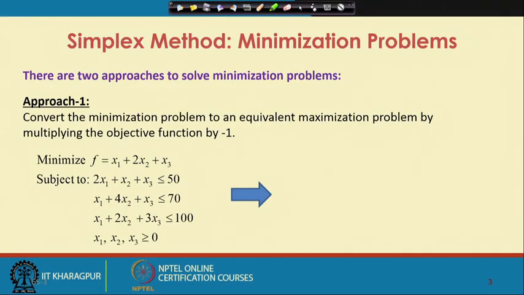So, the first question we ask is, how do we solve a minimization problem? We have seen two important rules. One is inner product rule, which helps us to determine which non-basic variable will become basic variable.